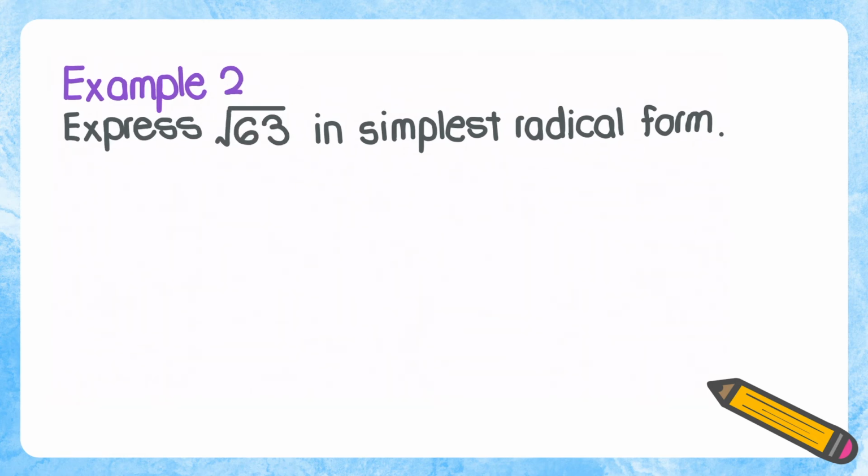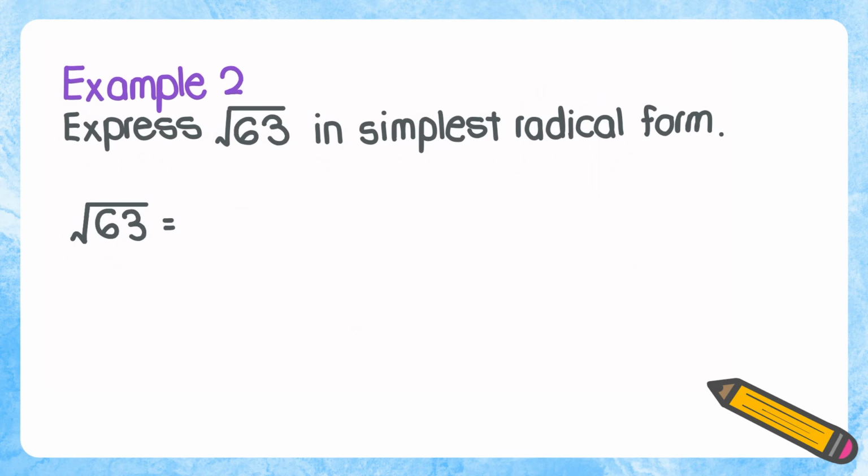Let's look at another similar example. We're going to express the square root of 63 in simplest radical form. So the square root of 63, I focus on the radicand, 63. What's the biggest perfect square that divides into 63? I go through my list of perfect squares and notice that 63 is divisible by 9.